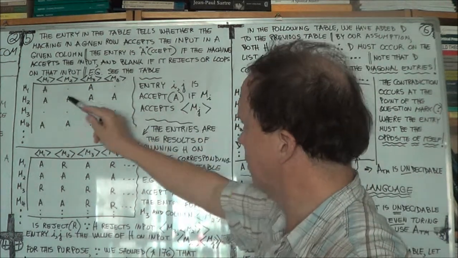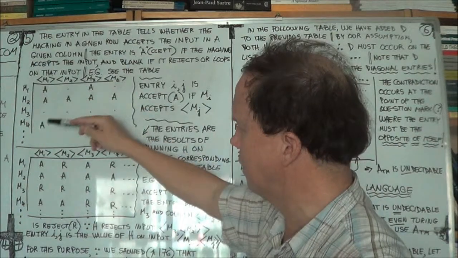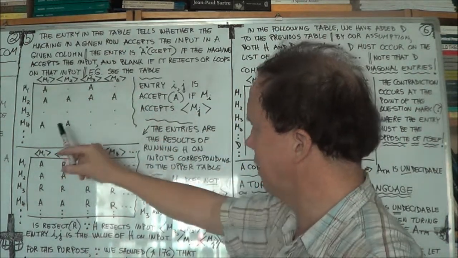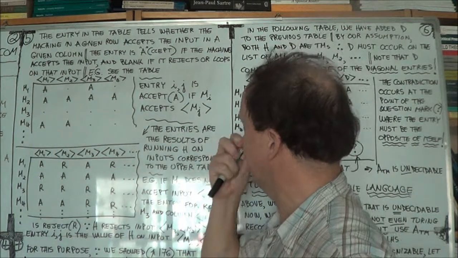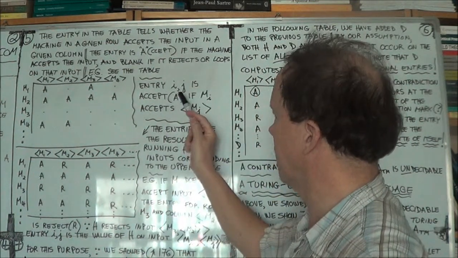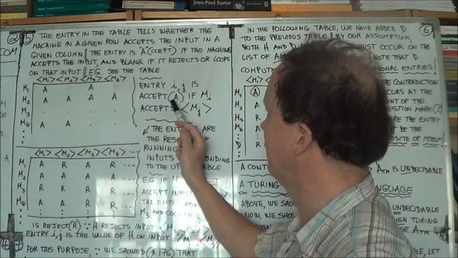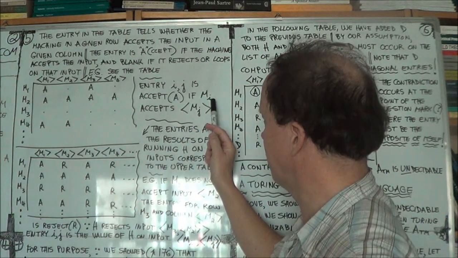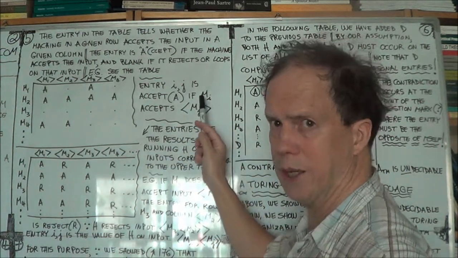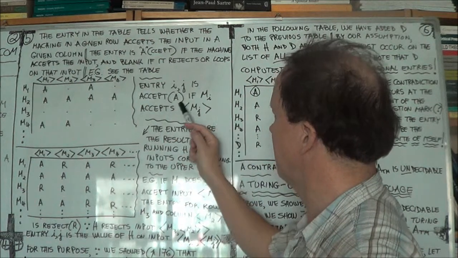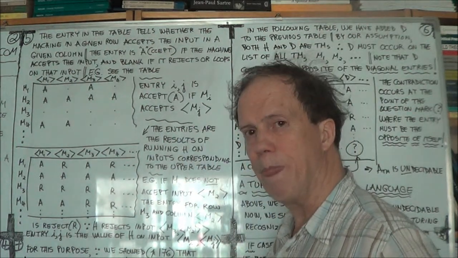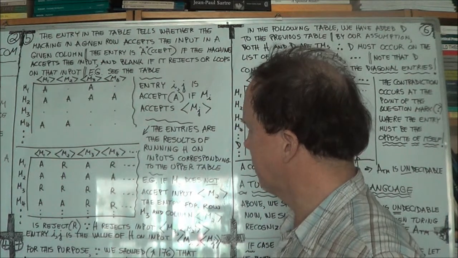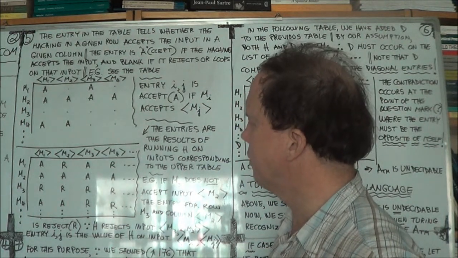So any one of these elements in the matrix, the ijth, the ith row, jth column, will be an accept, an A, if the Turing machine Mi accepts this input string angular bracket Mj.